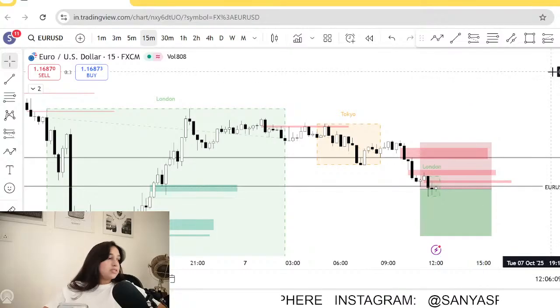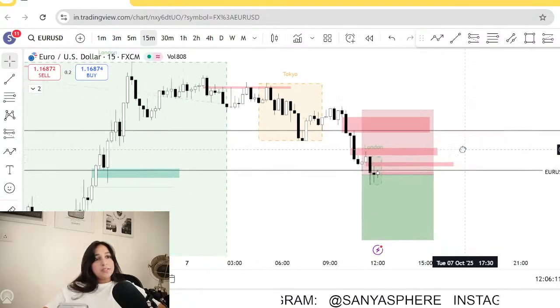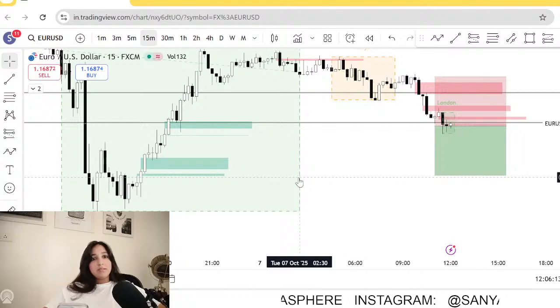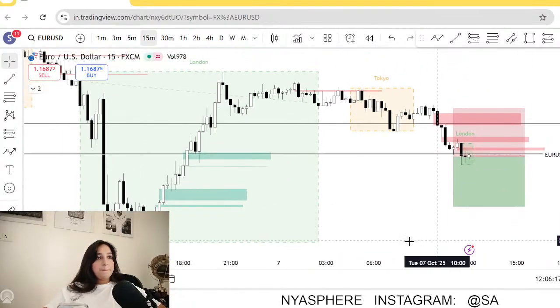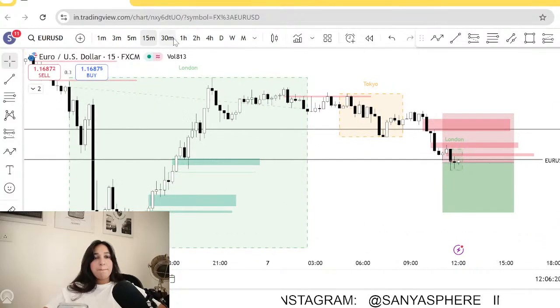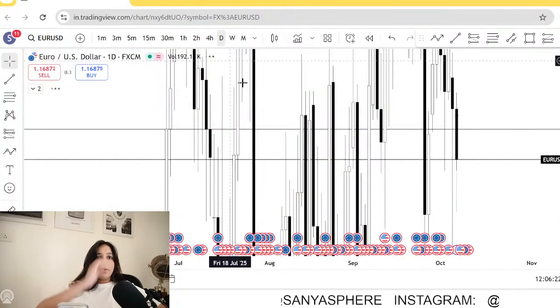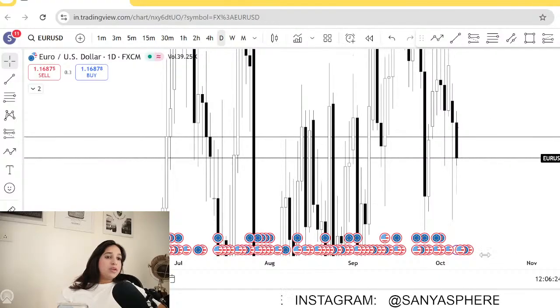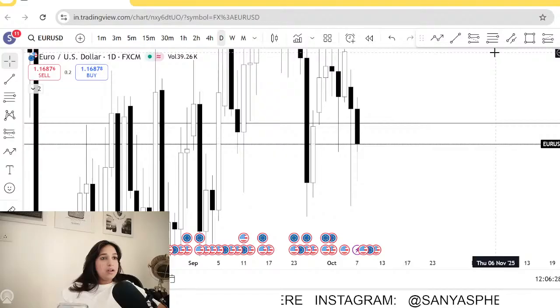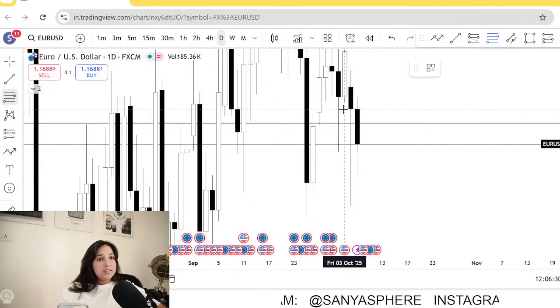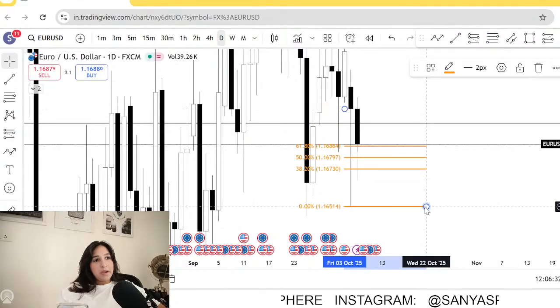It's possible, but still there's a range right over here that should be filled. Again, if you see on the daily time frame, yesterday's candle had a wick. I have two scenarios in my mind.